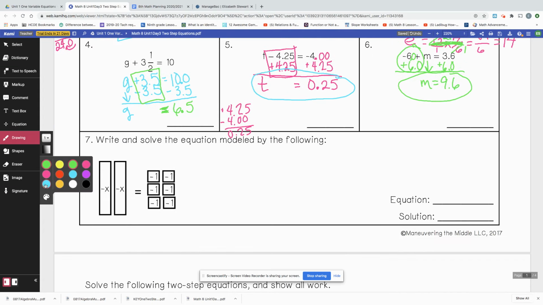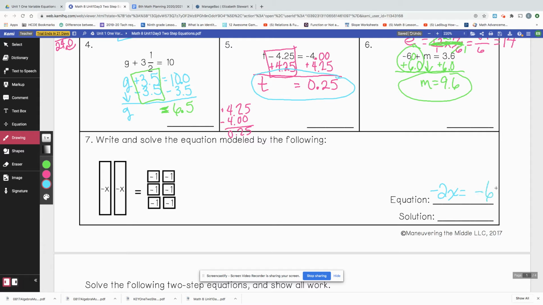Coming down here, these are called algebra tiles, and these two algebra tiles here are x's. In fact, they're negative x's. How many are there? There's 1 and 2 of them. So my equation on the left side would be negative 2x is equal to, my right side, I have 1, 2, 3, 4, 5, 6 negative 1s.